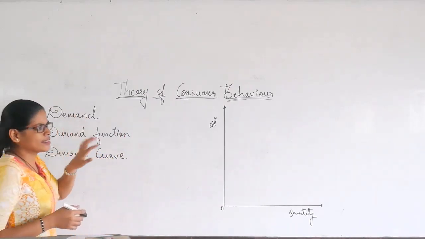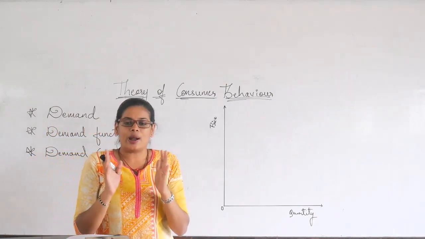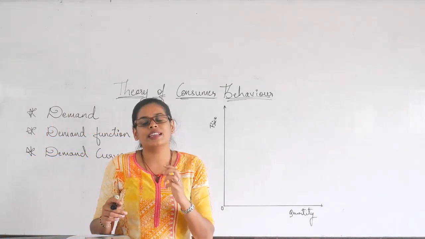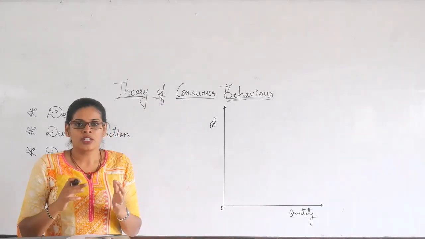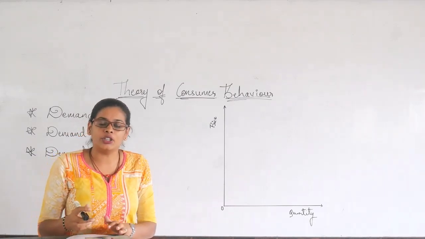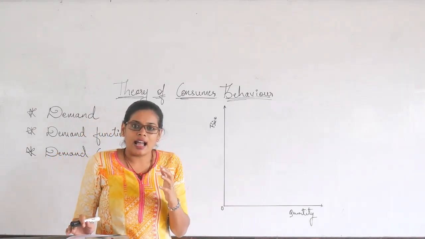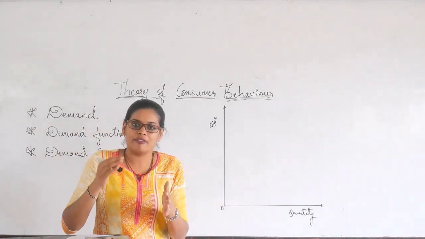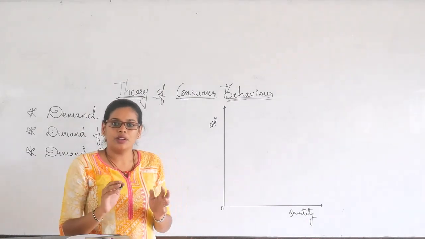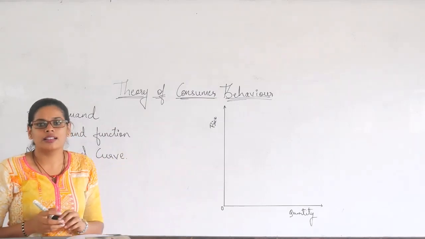So what is demand? Demand is the quantity of the good or the commodity which a consumer is willing to buy at a given price, according to his preferences and likes. That is called demand.